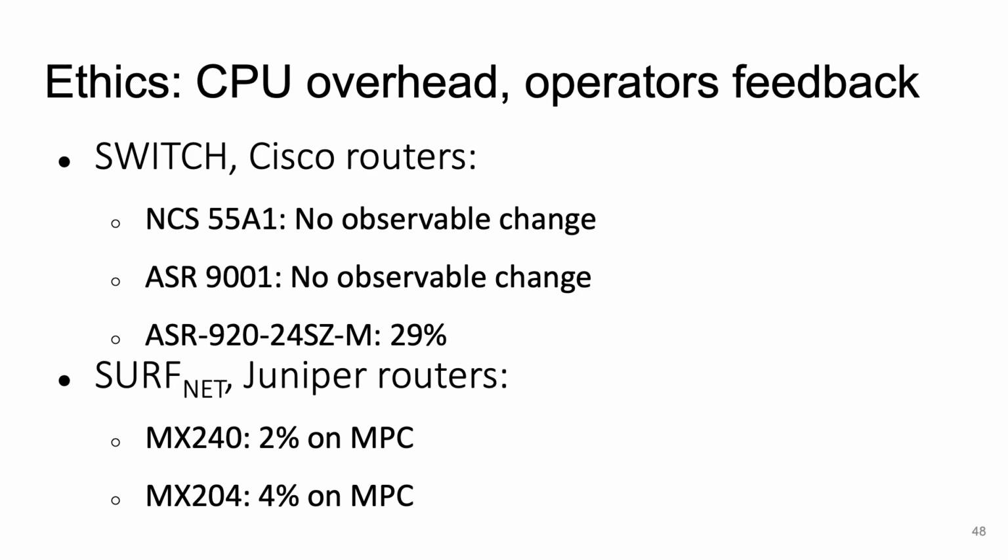From Switch, which is using Cisco routers, we had no observable changes on two core routers, and on the lightweight router that they were using, they had a 29% overhead. And on SURFnet, which is using Juniper routers, we observed up to 4% of CPU overhead on the module card, which is not the central CPU card, they told us. For all of these measurements, the measurement lasted 1 or 2 minutes at most.